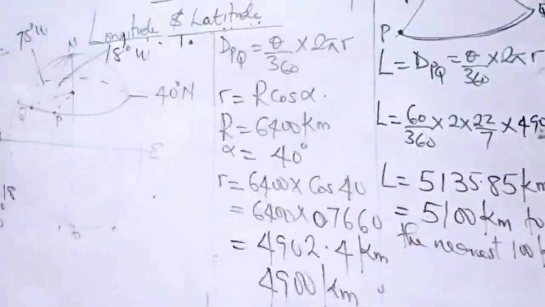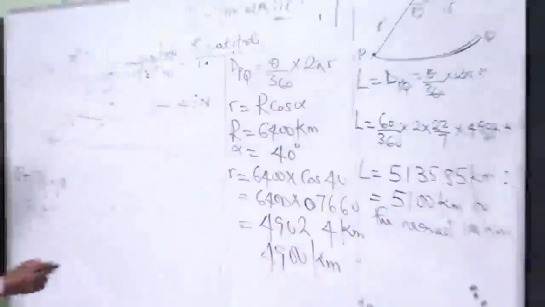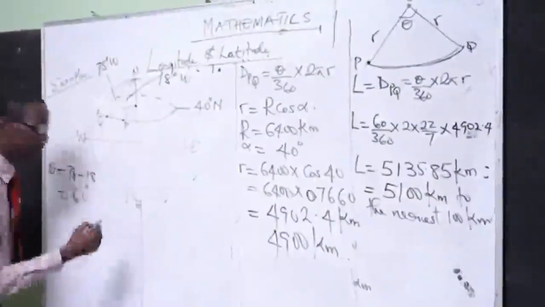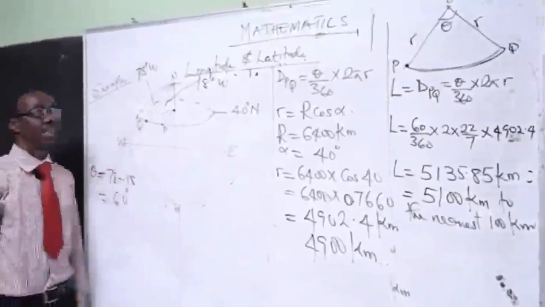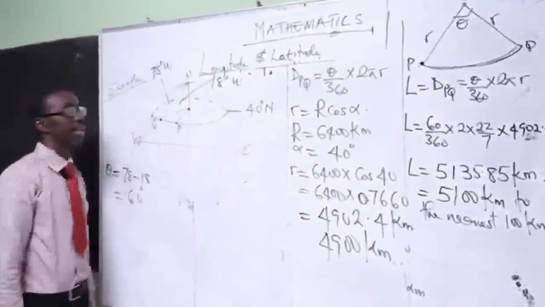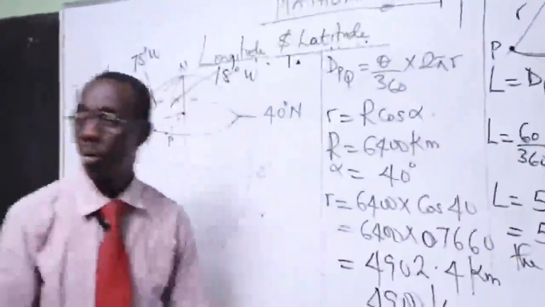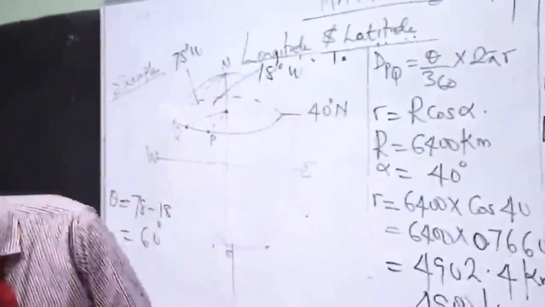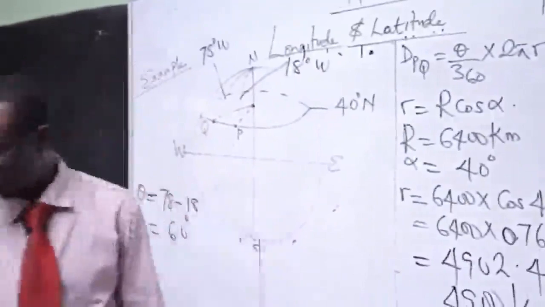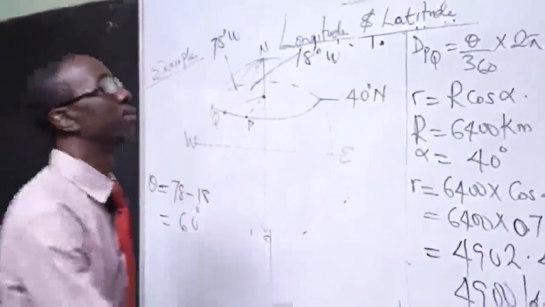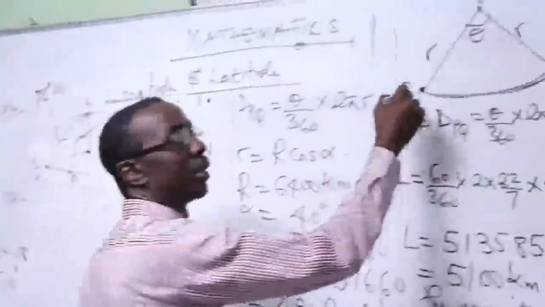Yes, sir. Okay, I want to manage my space carefully so that we can look at it together as a whole question. The next question says what? Length of chord what? Chord what?